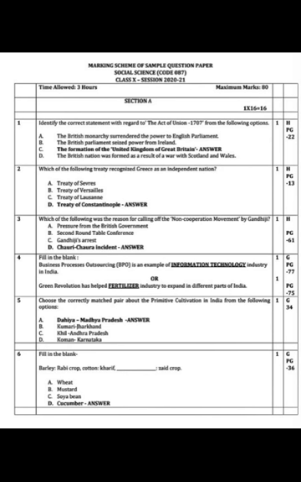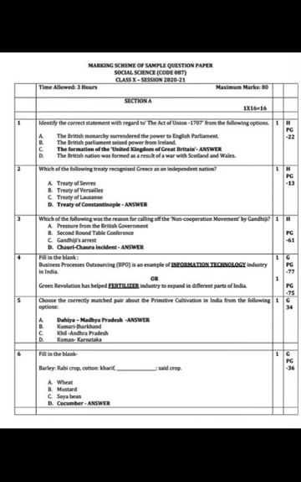Now this question is from your chapter 1, the rise of nationalism in Europe, and the options given to you are: first, A, the British monarchy surrendered the power to English parliament. Option B, the British parliament seized power from Ireland. Option C, the formation of the United Kingdom of Great Britain. And option D, the British nation was formed as a result of war with Scotland and Wales.